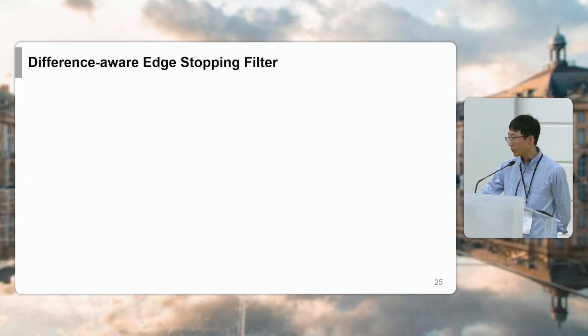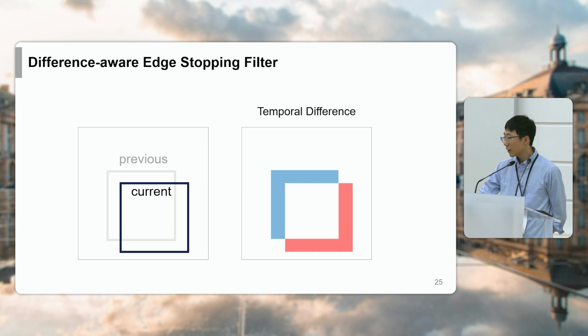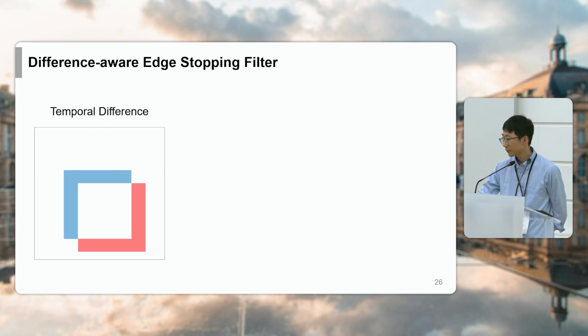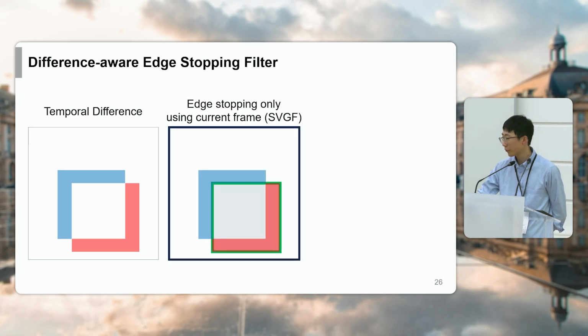To address this issue, we propose a difference-aware edge stopping filter. Consider this simple example where the square moves towards the lower right direction. The resulting temporal difference will look like this. If we denoise this signal only using information from the current frame, the difference region tends to be blurred by the filtering process like this arrow.